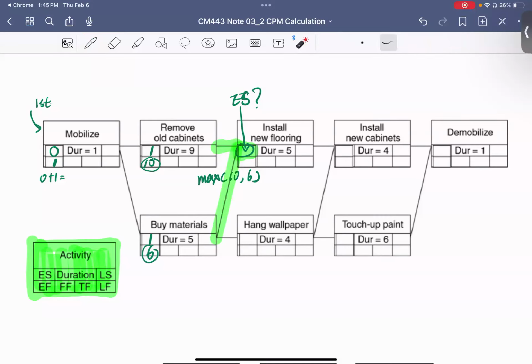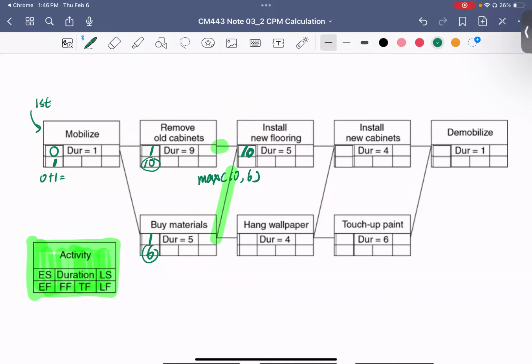So install the new flooring should be after buy the materials and also after remove the older cabinets. Does that make sense? So the number put in here should be 10. So 10 is correct. Any question? So this number here is 10.